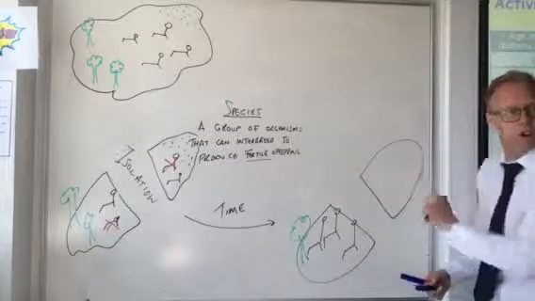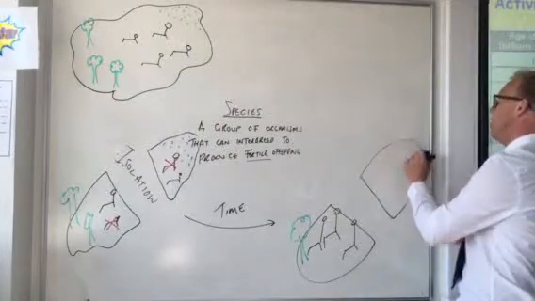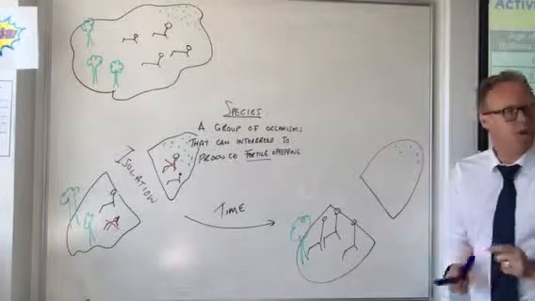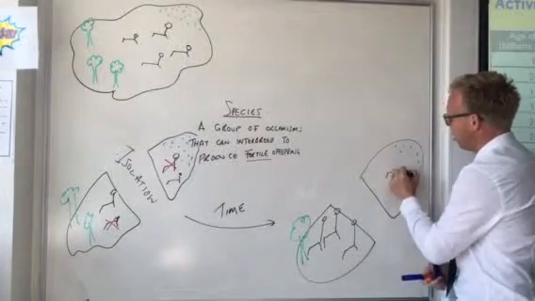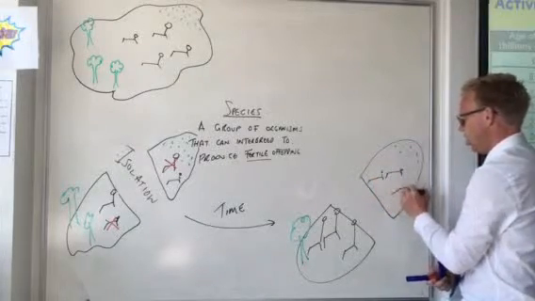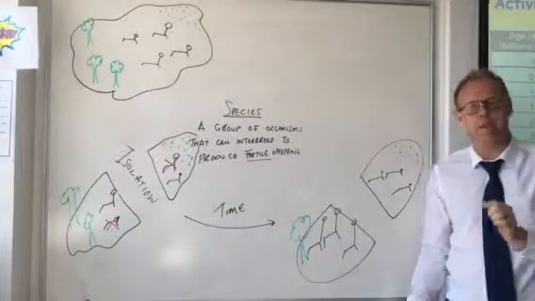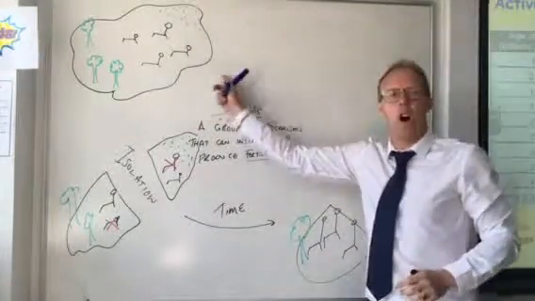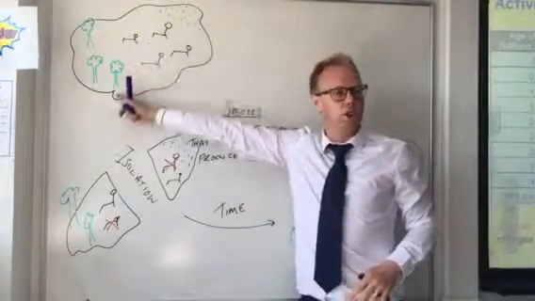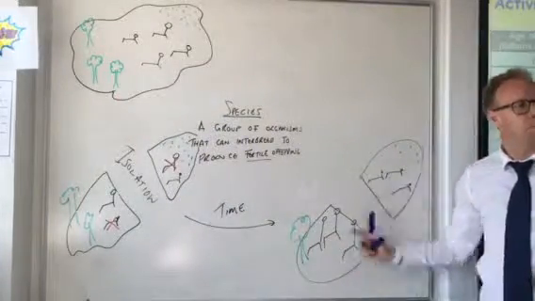Whilst on the other side, again because of the food source, the short-necked horses flourish. And the frequency of the short and tall necked gene changes in the two populations.